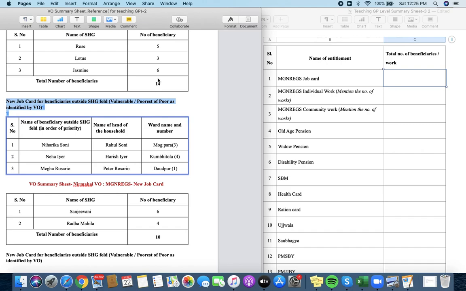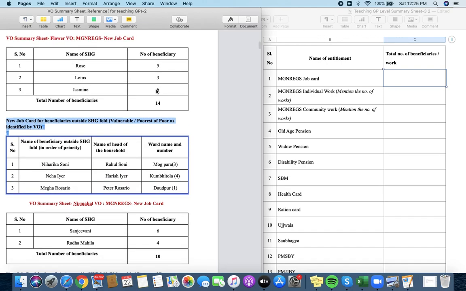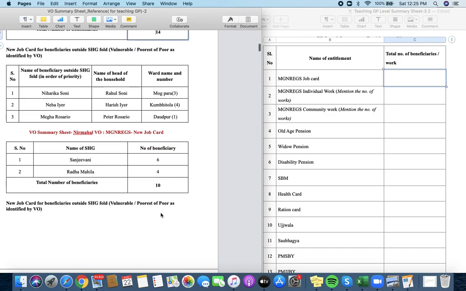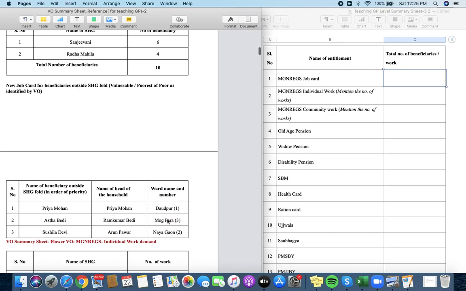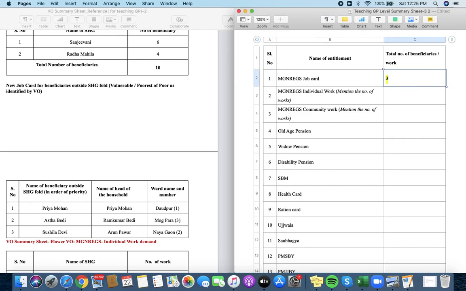So total number of beneficiaries in that sense from Flower VO will be 14 plus 15, 16, 17, and in Nirmahal VO 10 plus 11, 12, 13. So 13 plus 17 will be 30. So total will be 30.